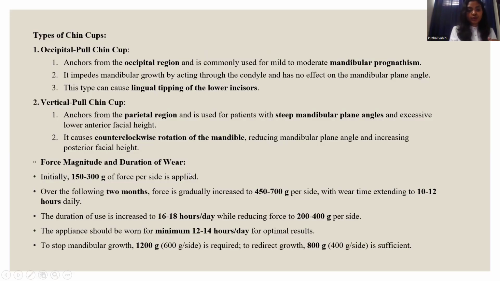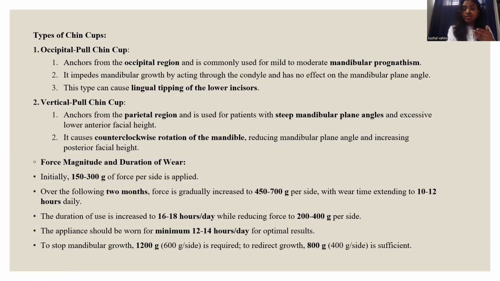For force magnitude and duration of wear, initially 150 to 300 grams of force per side is applied. Following a 2-month period, force is gradually increased to 450 to 700 grams per side, with a wear time extending to 10 to 12 hours daily. The duration of use is increased to 16 to 18 hours per day.